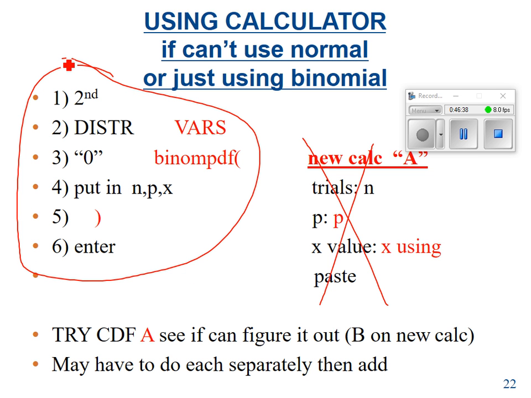So if you know it's a binomial and you're just using the binomial stuff, also on this, don't forget that binomial PDF, that's for one certain thing, like 85.